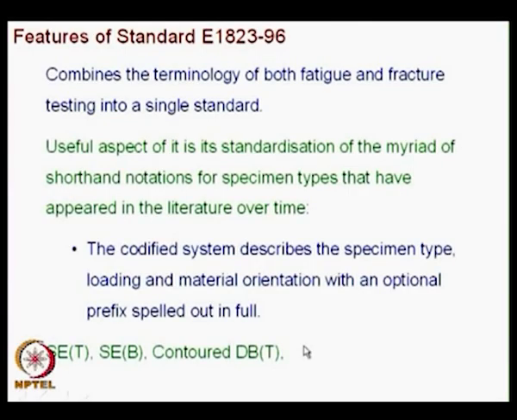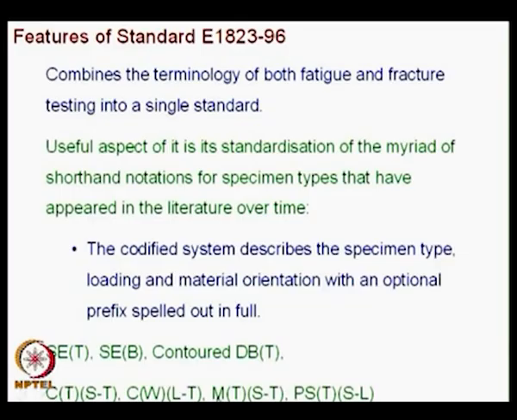Not only this, they also bring in the direction of the specimen that is taken out. I have the CT specimen; you do not put it as CT, you put C bracket T, and you also have within bracket S hyphen T. So, this is the S-T type of specimen taken out from the plate stock, and you have this C(W), which is the surface crack, that is what this denotes, and you have this for an L-T direction sample.